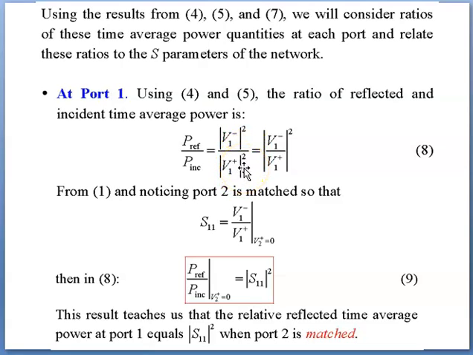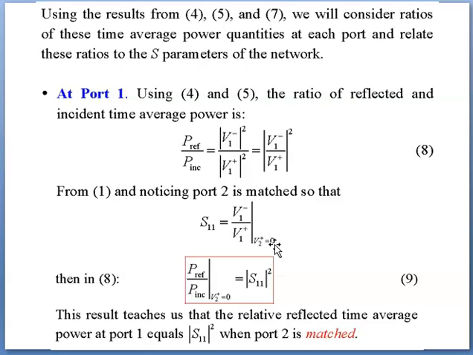Remember in the previous lecture, we have S11 equal to V1 minus over V1 plus when V2 plus is equal to 0 because port 2 is matched.